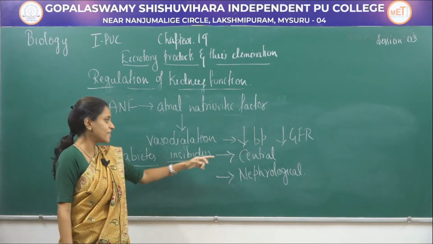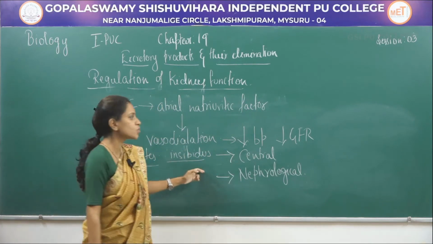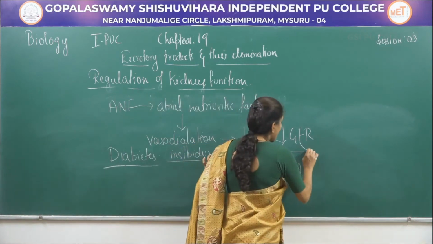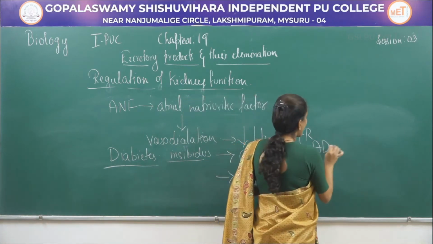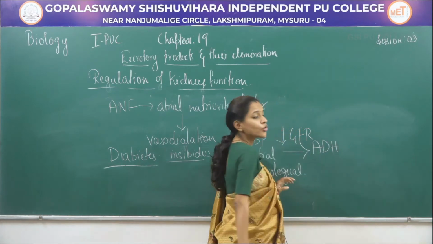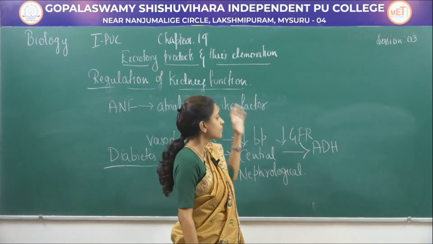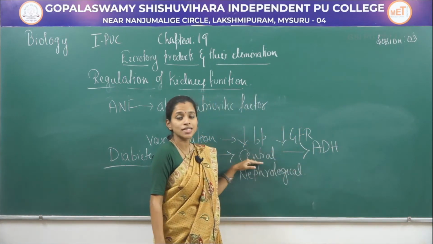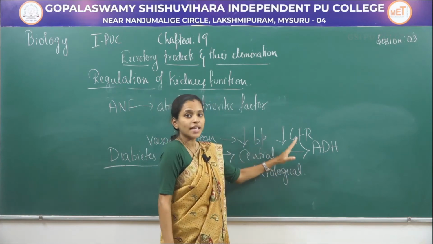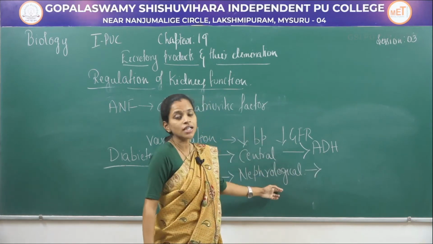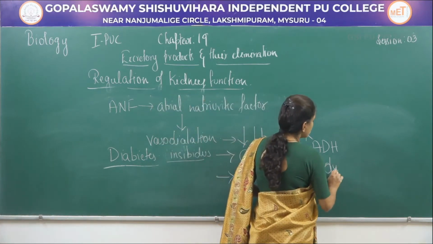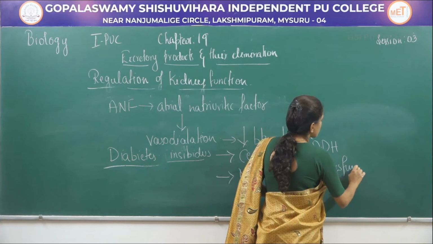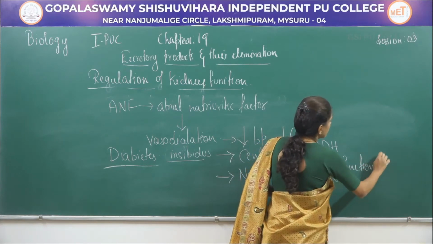In central diabetic insipidus, there will be improper release of anti-diuretic hormone, or vasopressin, by the brain, which leads to central diabetic insipidus. Nephrological diabetic insipidus is caused because of dysfunctioning of the kidney.